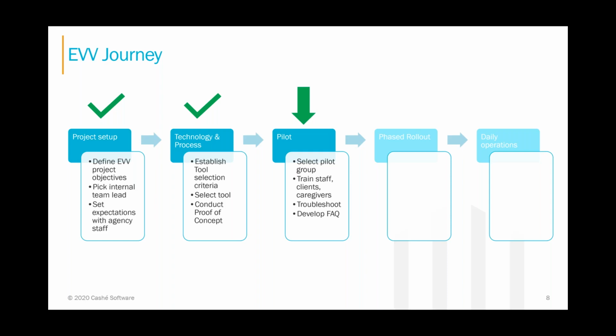In today's discussion, we're going to be talking about how you implement a pilot in Pavilio, but the technology and process part is an important component in implementing EVV because it really does change the way you do business, and in many things that are going to be positive, but it's still a change. And understanding that as you walk in is going to make things easier for you.